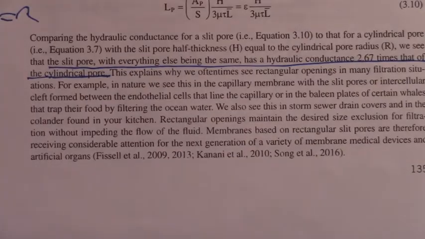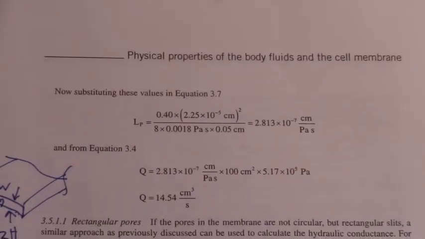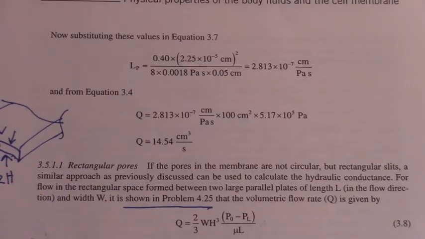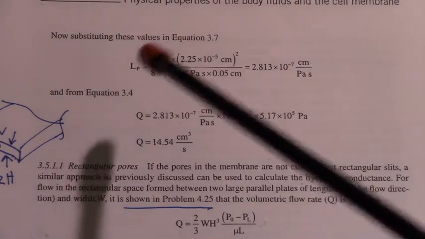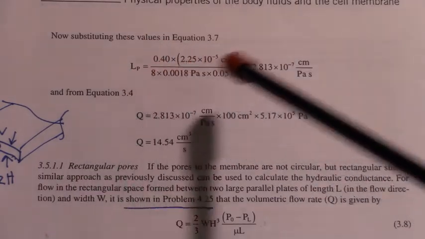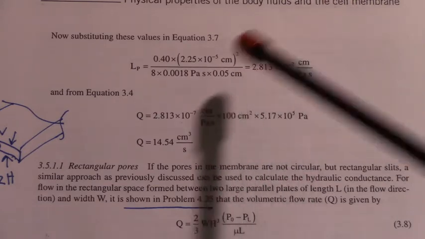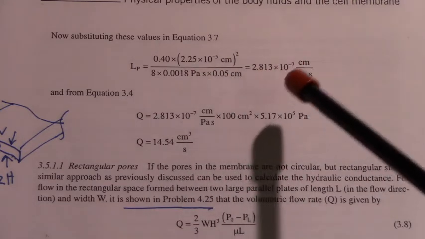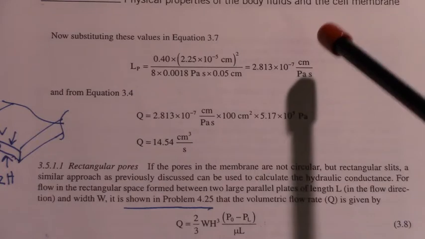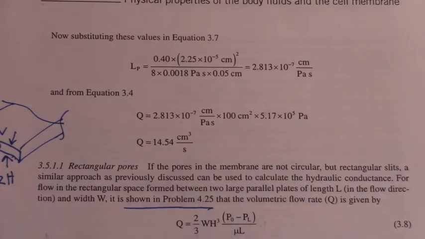So at the top of the next page, we calculate the rest of the information in the problem. You can see here by equation 3.7 we're calculating the hydraulic conductance, and we end up with 2.813 times 10 to the minus 7th centimeters per Pascal second.